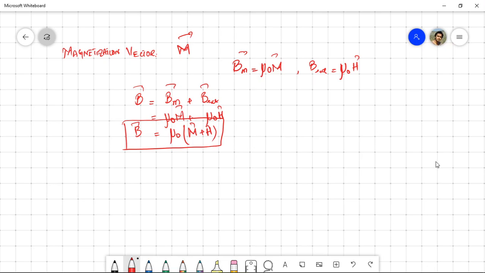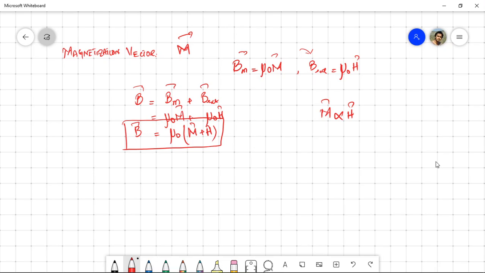He's saying that, in general, this magnetization also appeared due to the presence of this external magnetic field. M is in response to the external field H which is applied. So generally M is directly proportional to H. If the amount of H that is provided externally increases, the magnetization will increase.